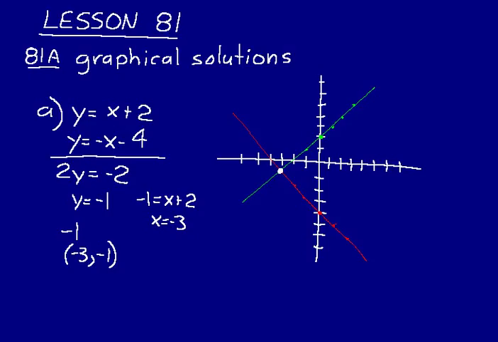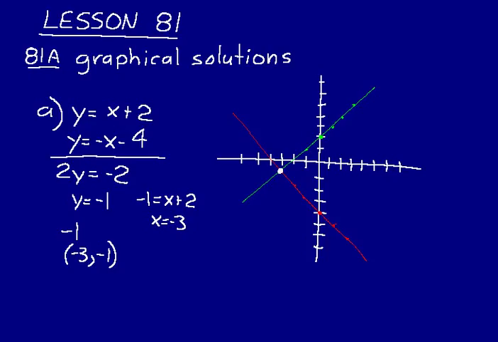So remember, when you try to find the graphical solution, it's usually not as accurate as doing substitution or elimination, mainly because it's just hard to draw a line perfectly. If you had a perfect piece of graph paper and then you did ruler lines exactly like you needed to, then you might get pretty close.